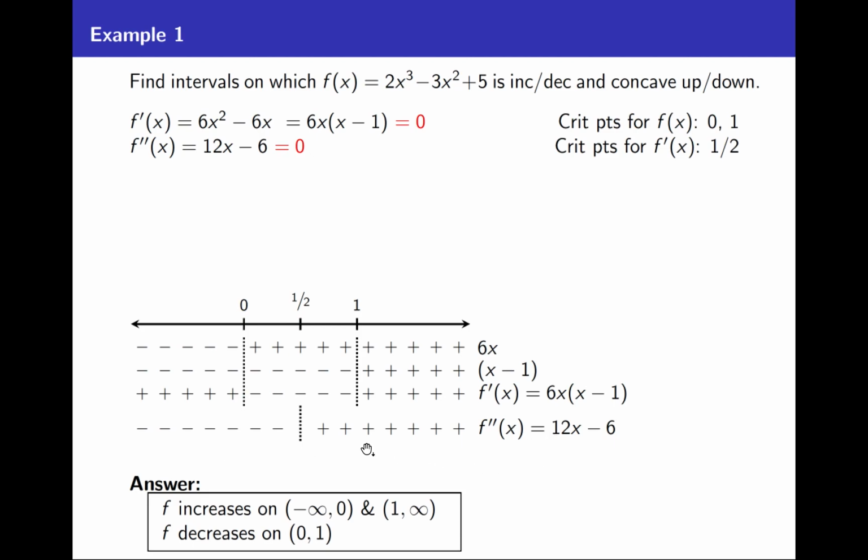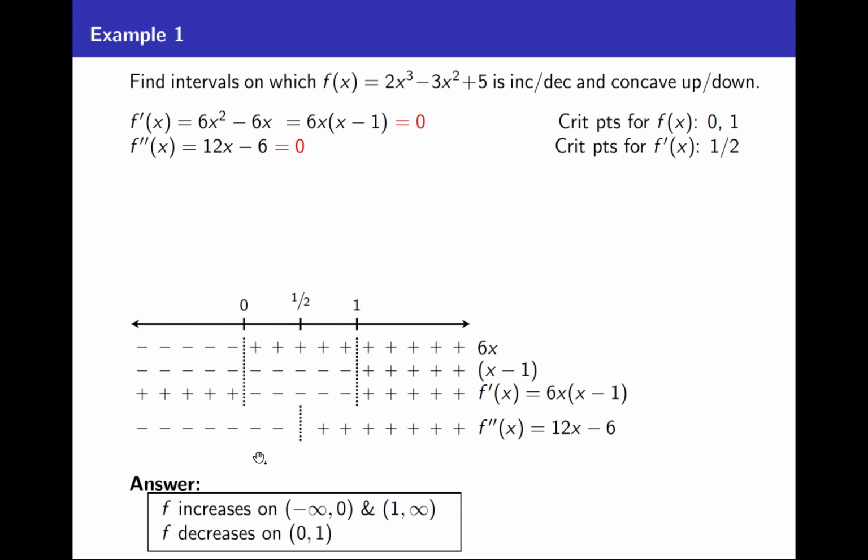So now we can see where the second derivative is positive and where it's negative. It's positive on the interval from 1/2 to infinity. So the graph of f is concave up on that interval. And f double prime is negative on the interval from negative infinity to 1/2.